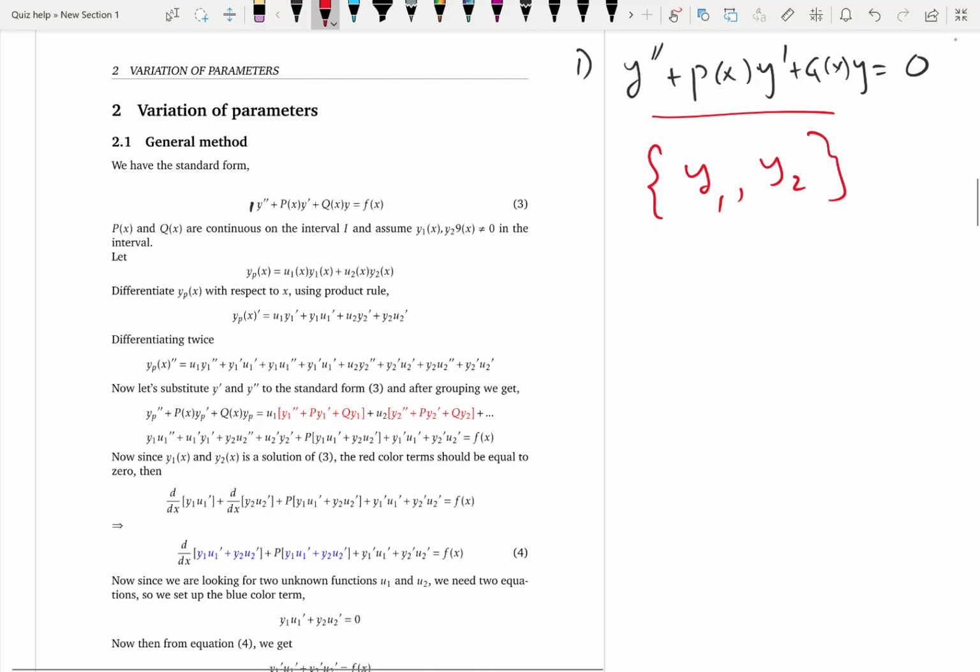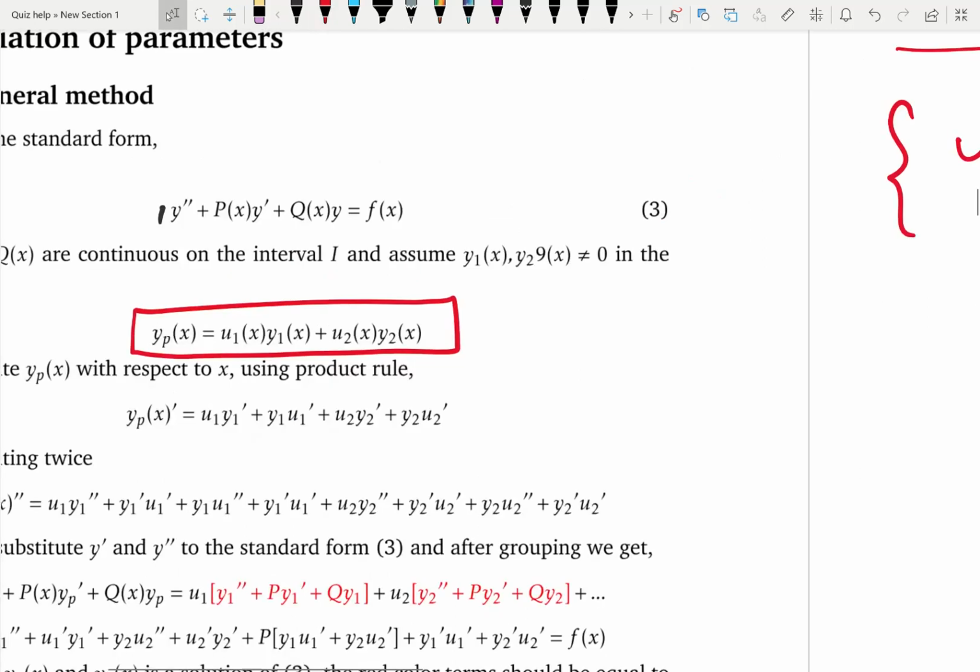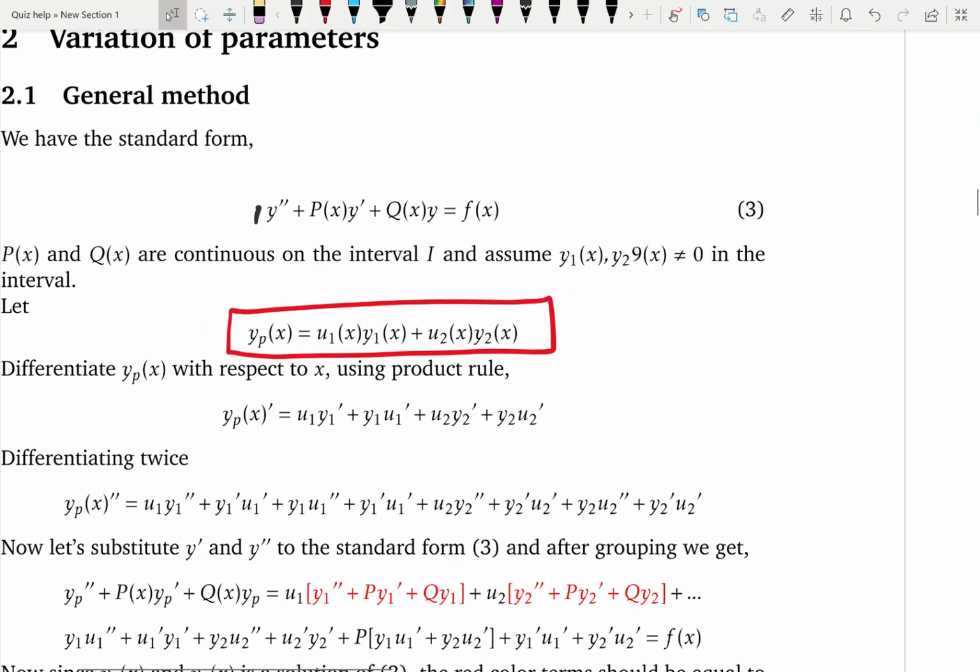So we assume yp. This is the big assumption in variation of parameters. It looks like u1 times y1 plus u2 times y2. This is a trial form again, quite similar to what we did in the method of undetermined coefficients. You assume your particular solution looks like this, and then you resubstitute it back into the differential equation so that you can figure out the correct form of the particular solution.